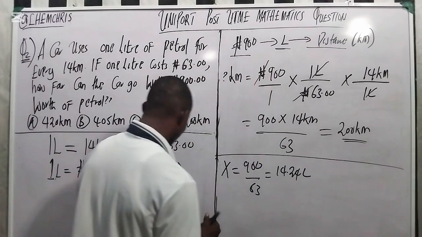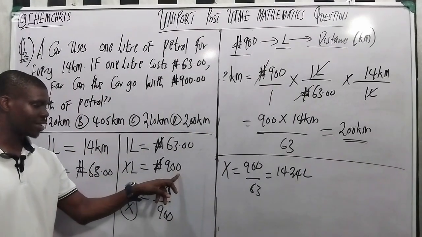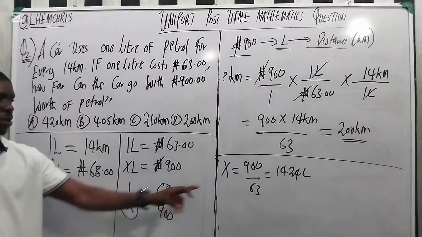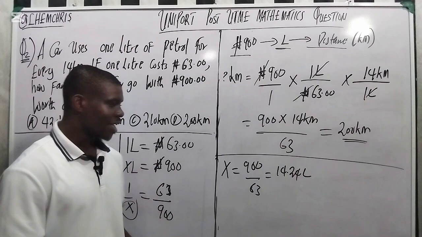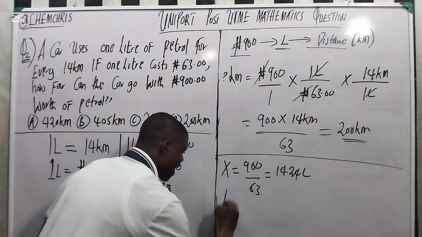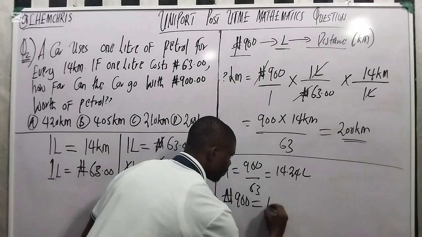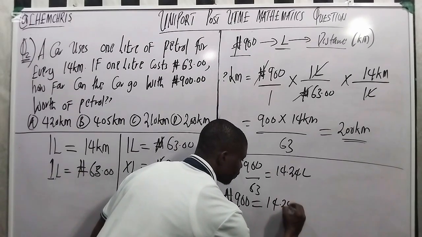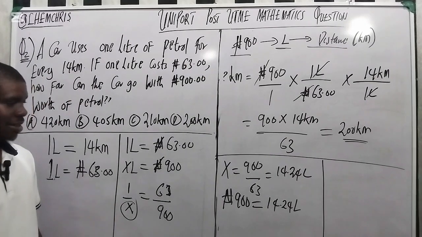So that means that 900 naira is going to give you 14.24 liter. That is meaning. It means that on 900 naira you're going to get 14.24 liter, right?